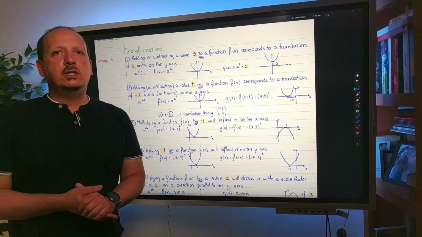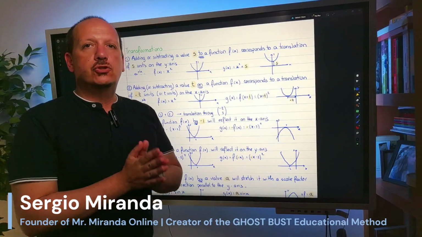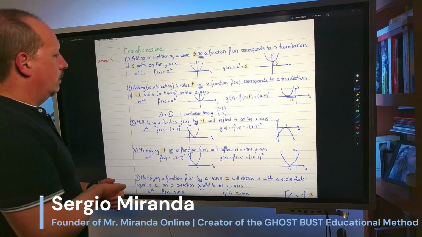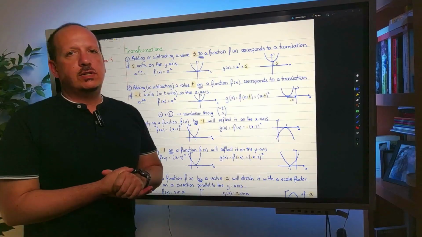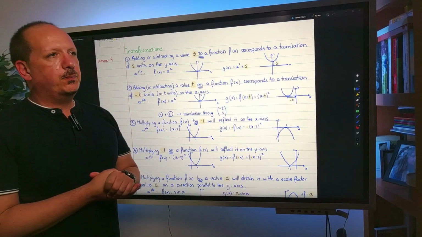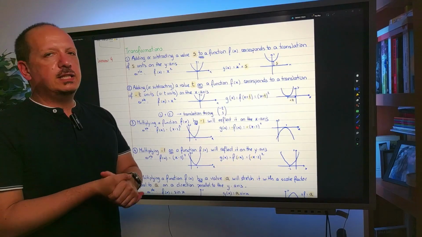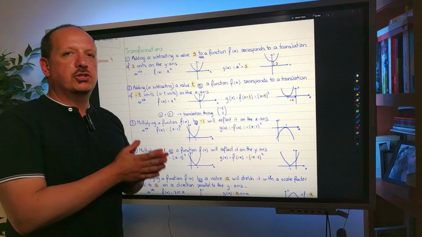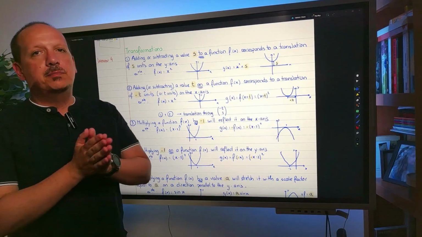This is lesson 4, the last lesson about functions, and this is all about transformations. What are transformations? Transformations are everything that you will do to an original function that is going to change its shape and position.